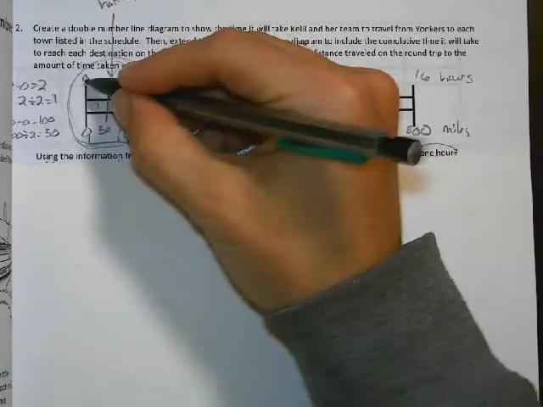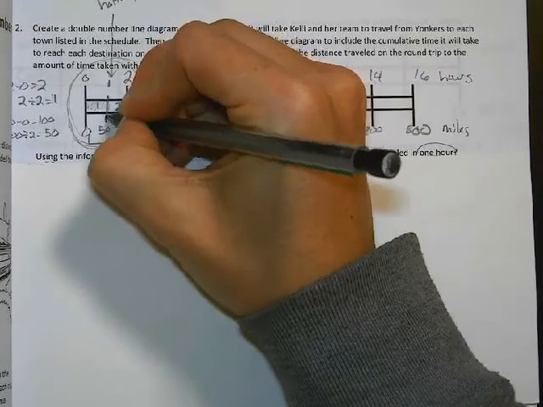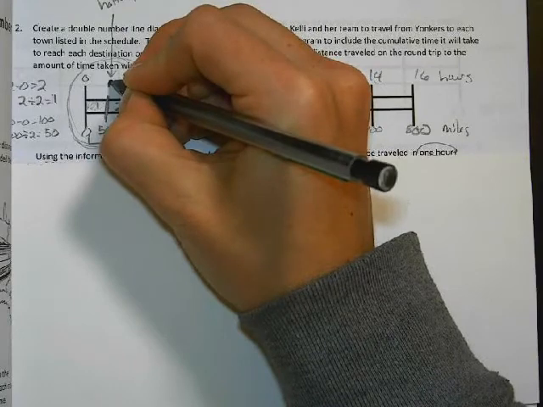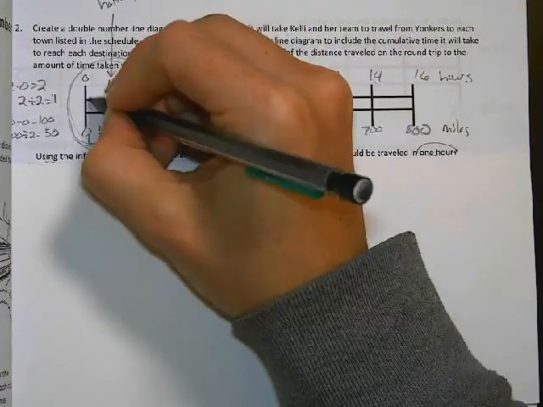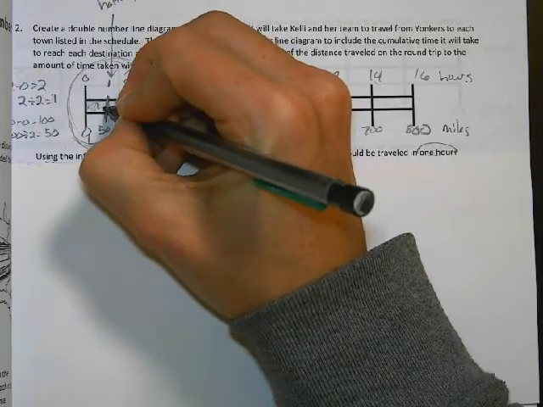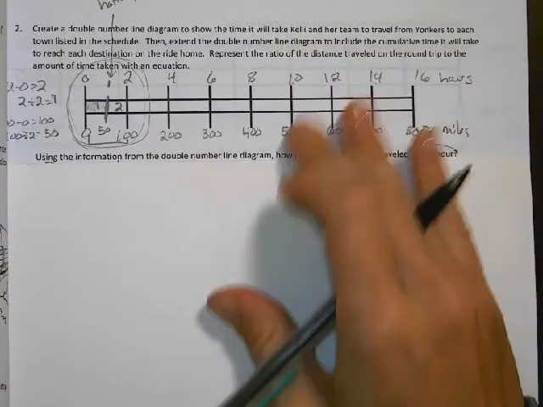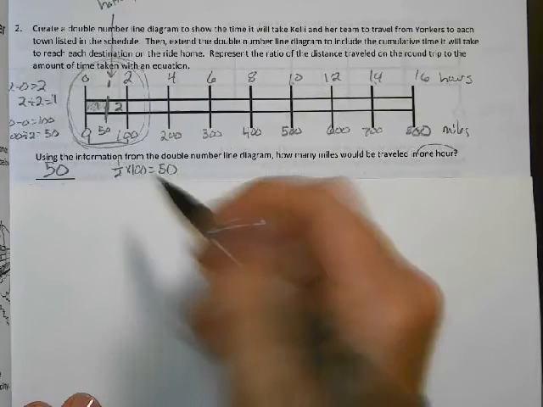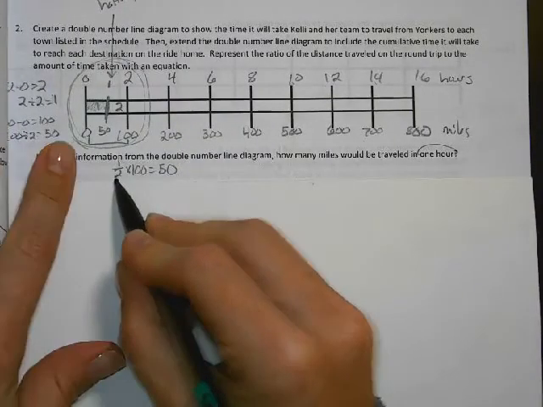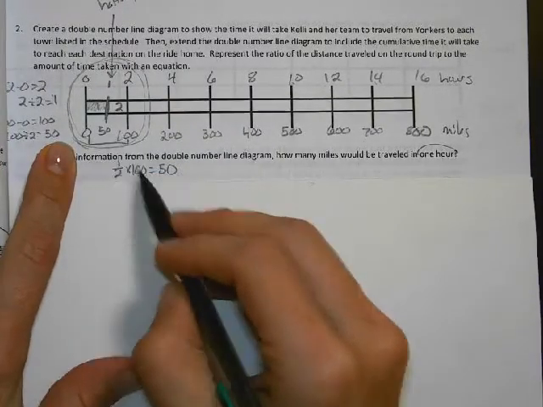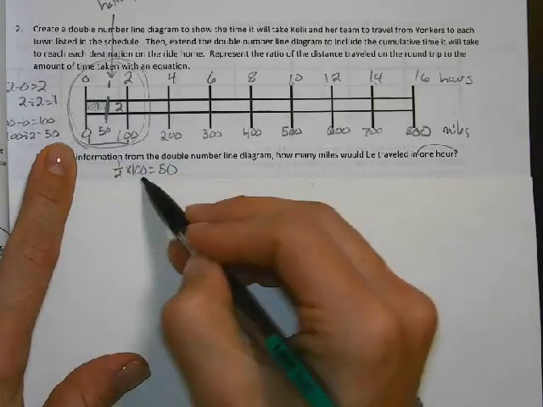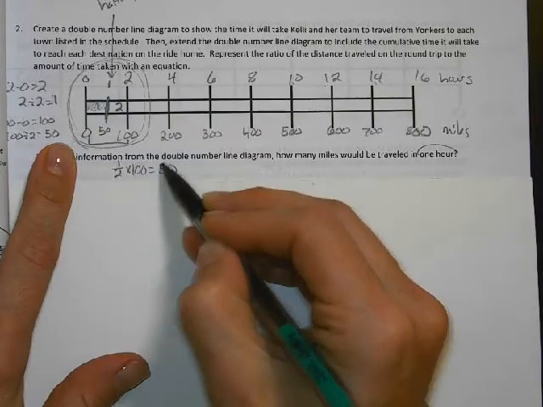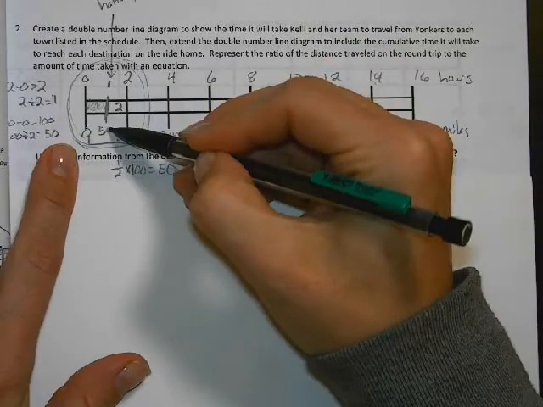There's only one number between 0 and 2, so I drew my line and I put a 1 down. Then I have 2 parts, but to get to 1, I just need one of those parts, which gives me 1/2 of this total. So that's 1/2 times my total distance, which was 0 to 100. So 1/2 of 100 gave me 50, which means the other side would be 50.